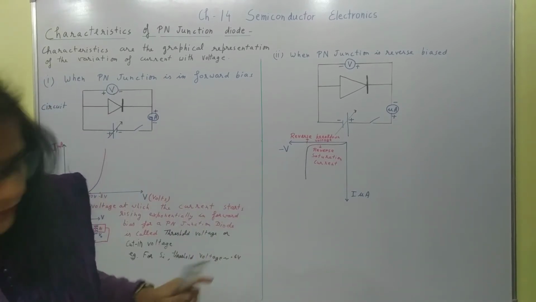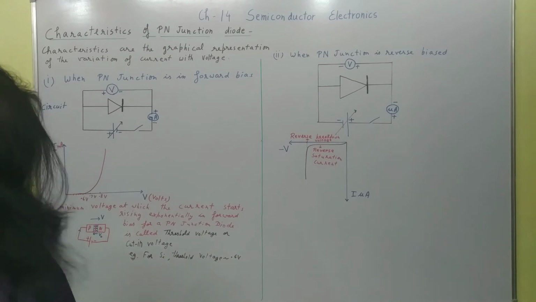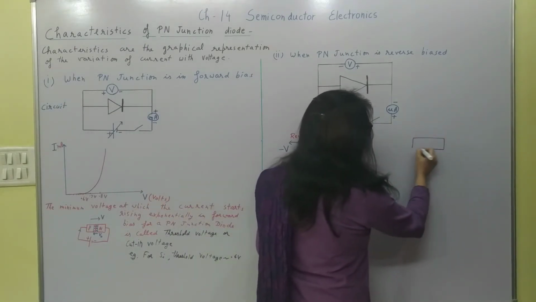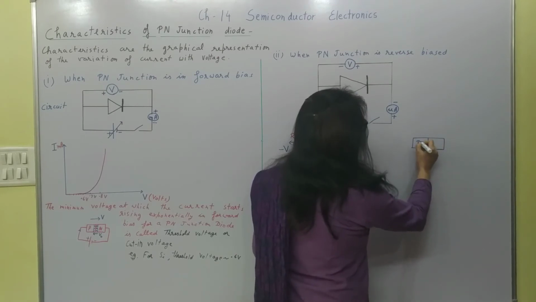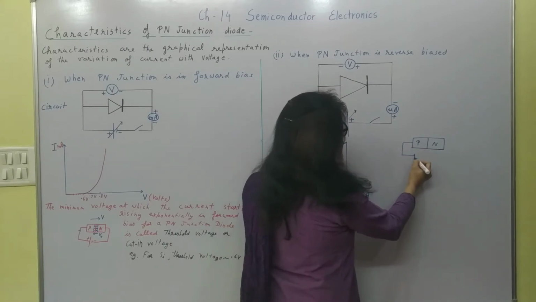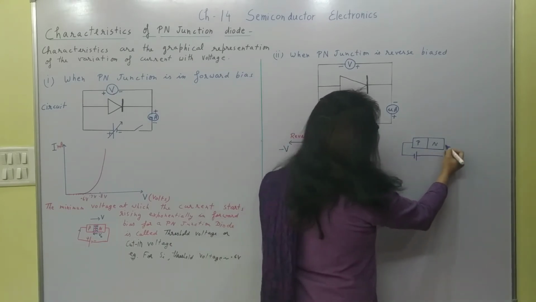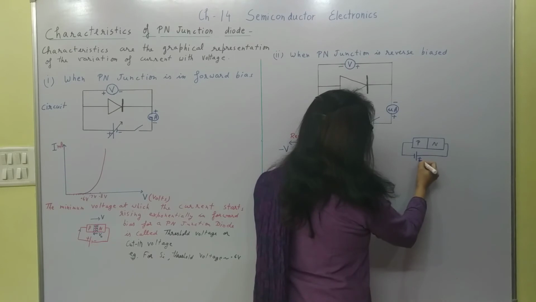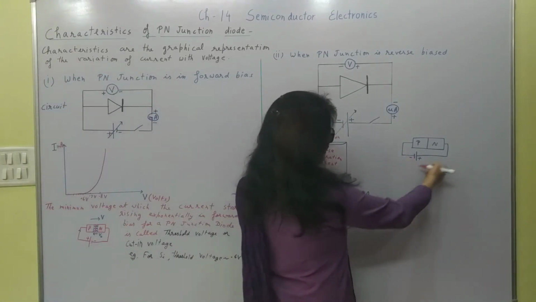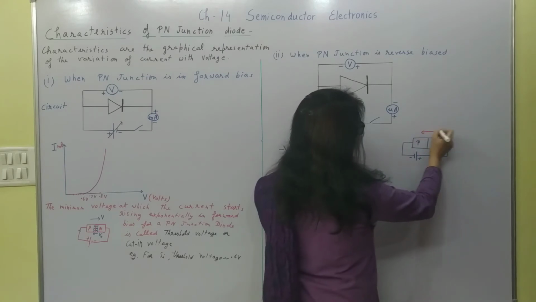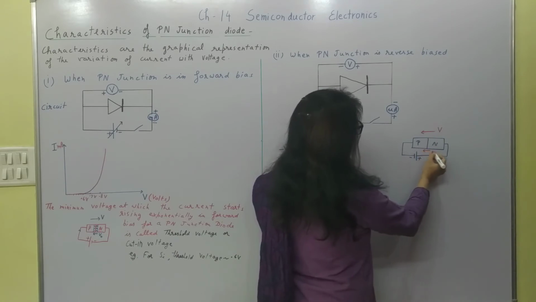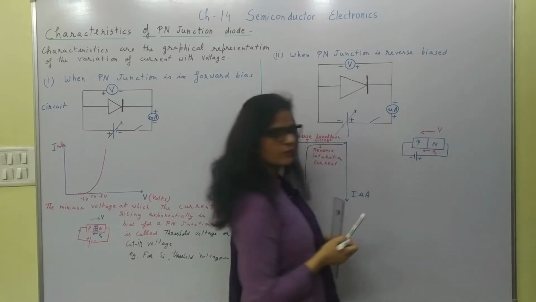What happens is, in this case of reverse bias, what is the diagram? If you recall, this is your p-n junction, this is reverse biased, so minus and plus here. Now the applied voltage is this way, and obviously the barrier voltage is this way.